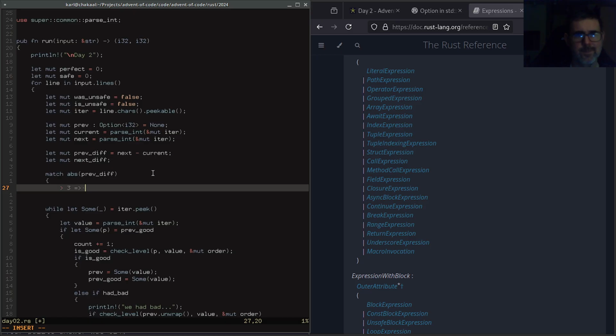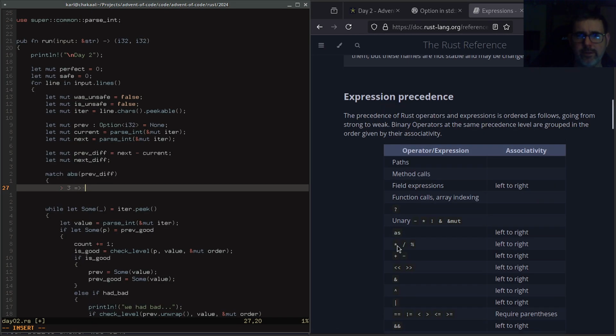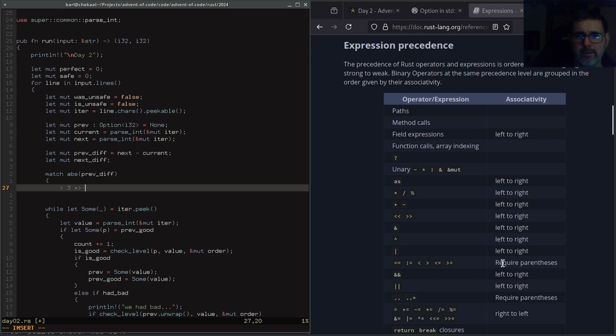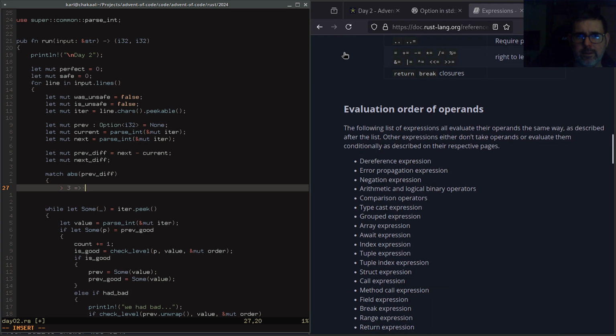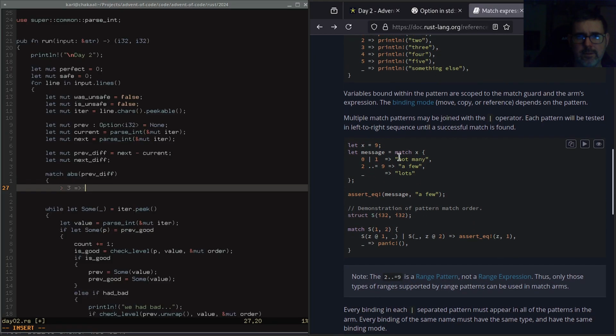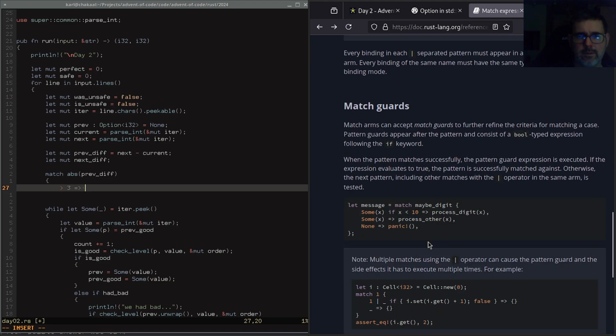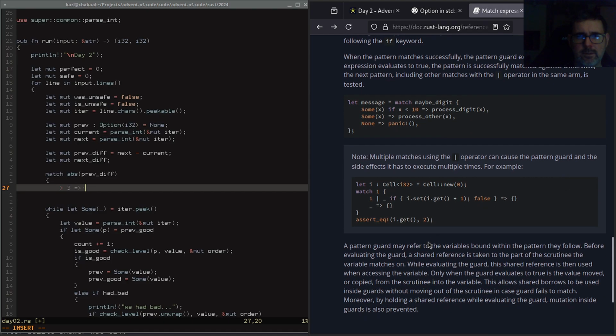So any sort of example operator. I guess maybe something like this, huh?